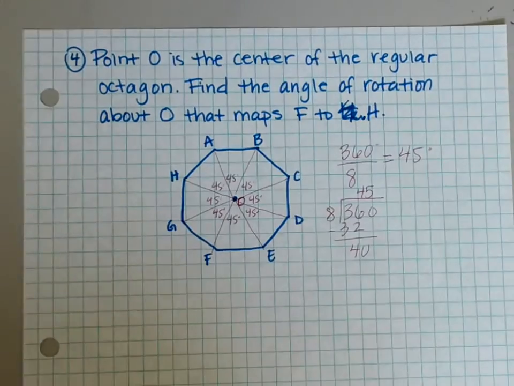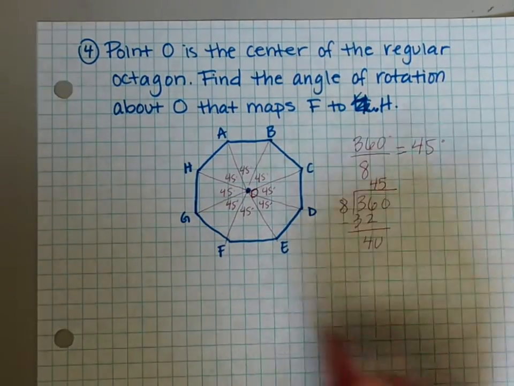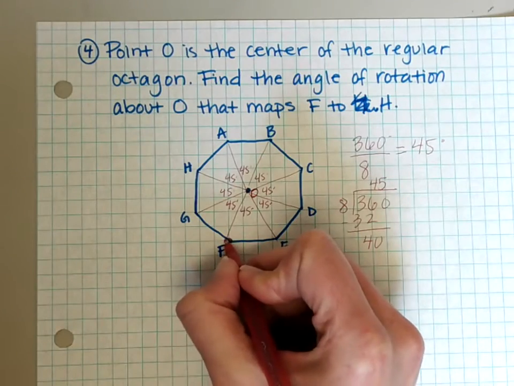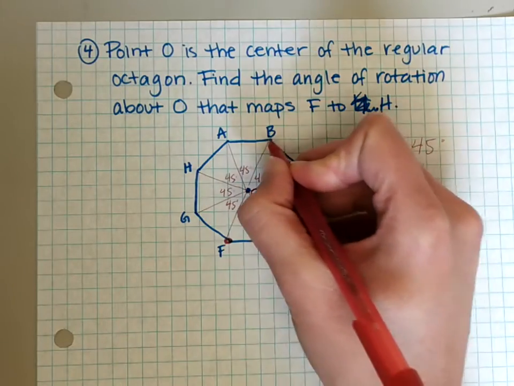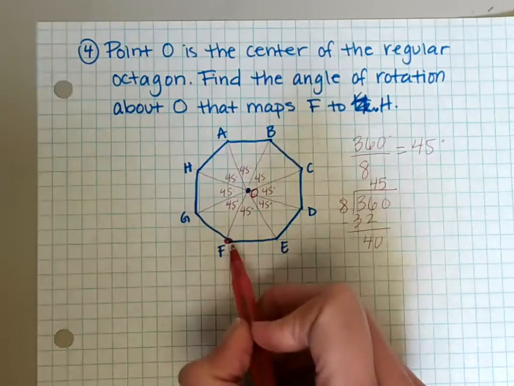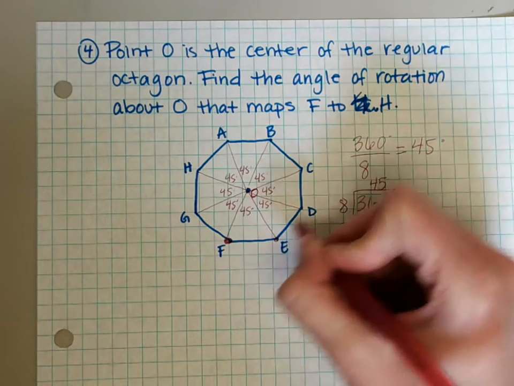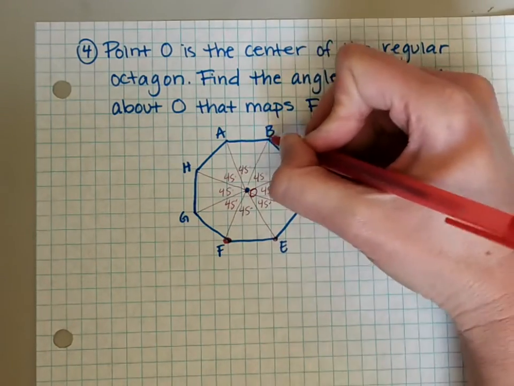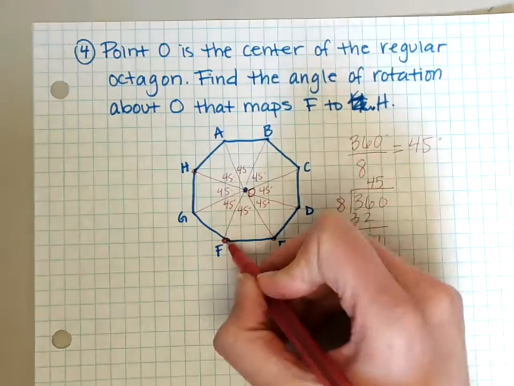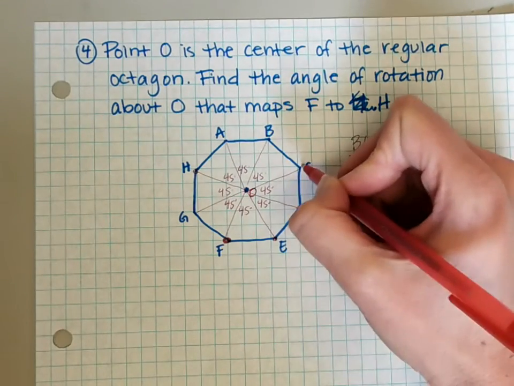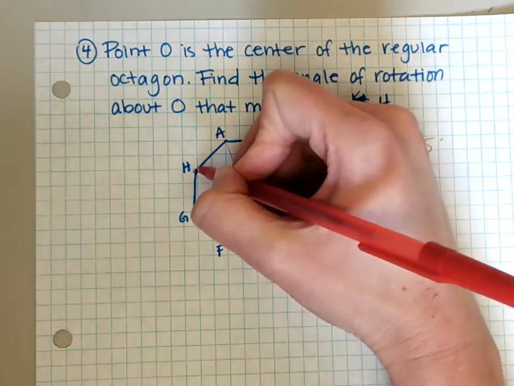Okay, so now that we have our central angles labeled, how far do we rotate point F until it lands on point H? Okay, from here to here, we've rotated 45 degrees. Then another 45, then another, all the way to H. So 1, 2, 3, 4, 5, 6.